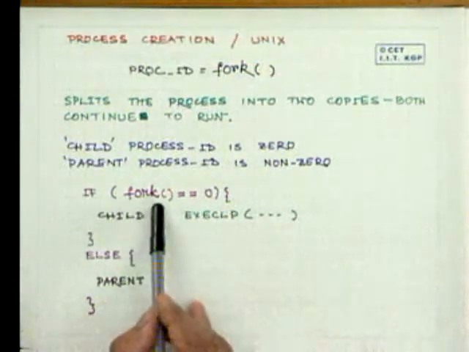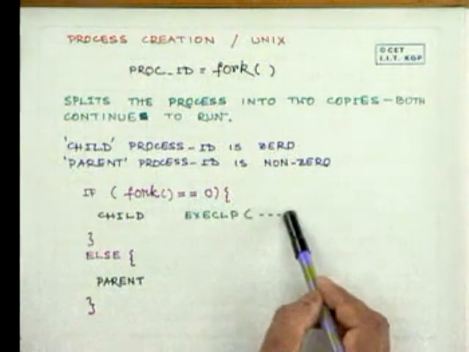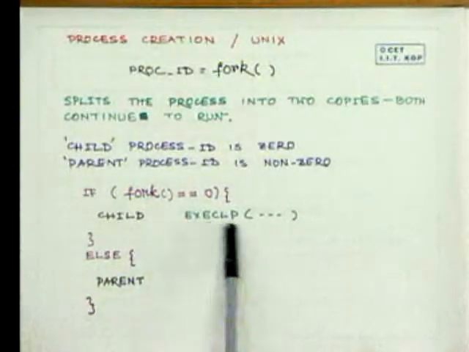Therefore, after creating the child process, the child's program can be replaced by another program by executing this instruction exec lp.